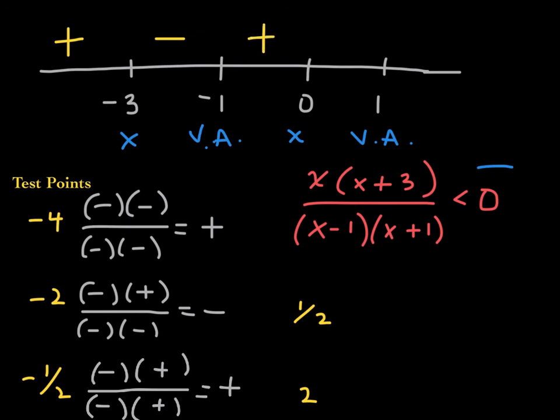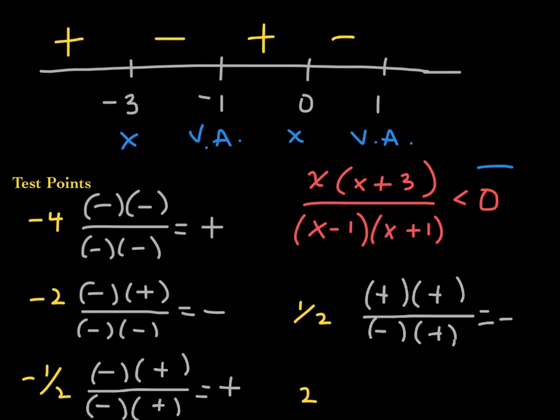Now we're plugging in +1/2. When I plug in +1/2, the first factor is positive. The second factor is positive. Downstairs in the denominator, you'll have something negative followed by something positive. This whole thing will be negative. So then between 0 and 1, the graph dips below the x-axis.